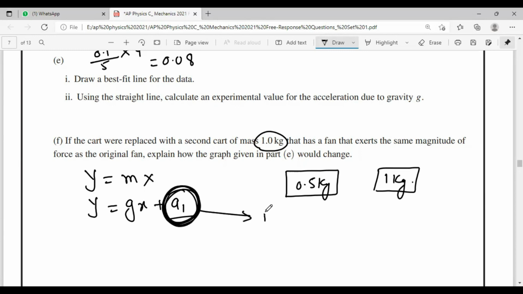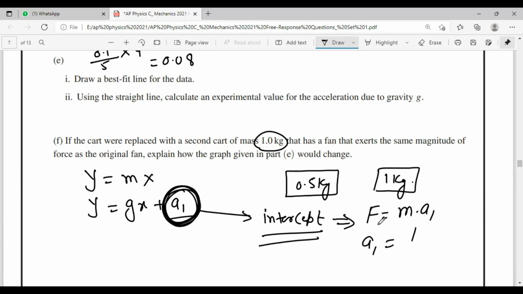A1 was the intercept. We know force was m into a1, so a1 was F upon m.